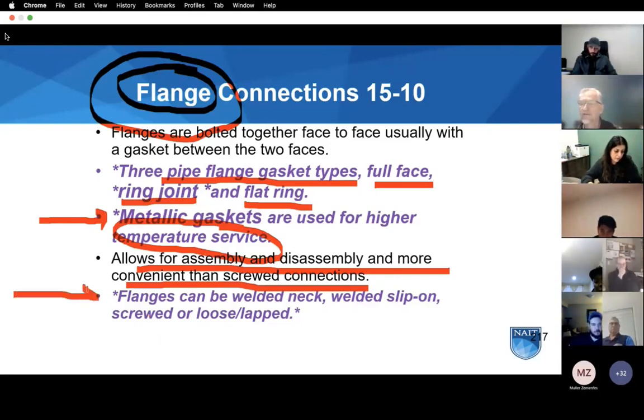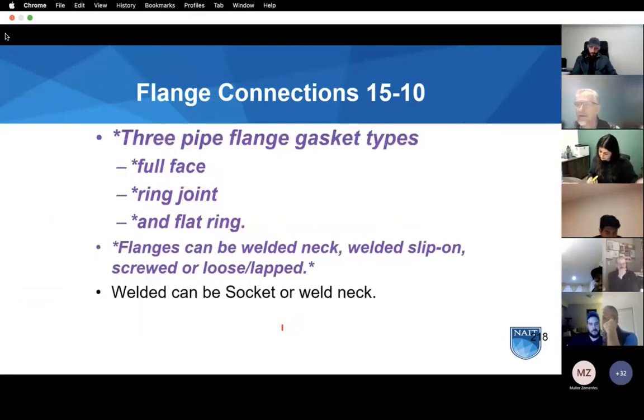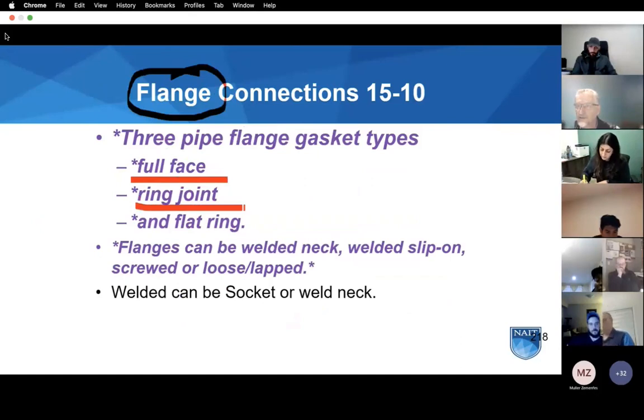Some types of flanges: there's weld neck flanges, so welded onto the pipe, welded slip-on flange, and some flanges are screwed onto the piping, and another type called loose or lapped. Different gaskets that are used in flange connections: full face, ring joint, and flat ring.